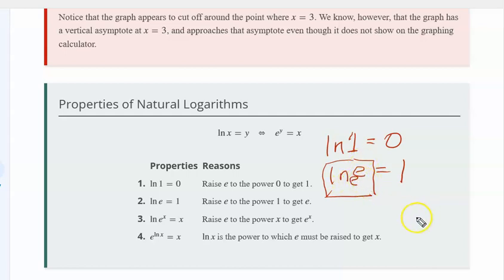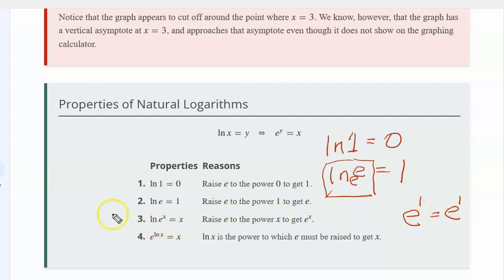So in its exponential form, our base is e, e to the first power is our exponent, and that is e. So e to the first power is e. What's the exponent of it? 1. Every letter, every number has an unwritten power of 1 there.